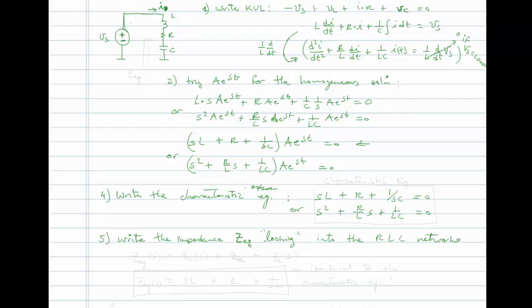What do I mean? If I draw a dotted line, imagine that you're the voltage source Vs and you're saying, what am I driving here? This would be the impedance we're looking for.